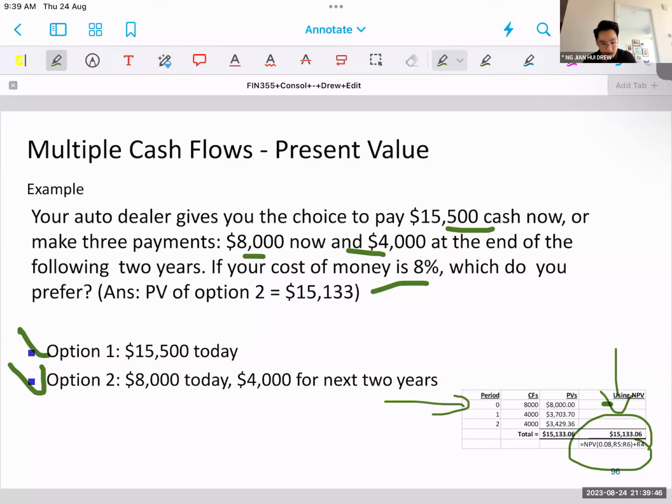Can you see here R4? You should not include cash flow at year 0 in your NPV formula. You should put it outside. This is a very important point. When you're using the NPV formula, you always start only from period 1, because it does the discounting as if the first period is period 1.